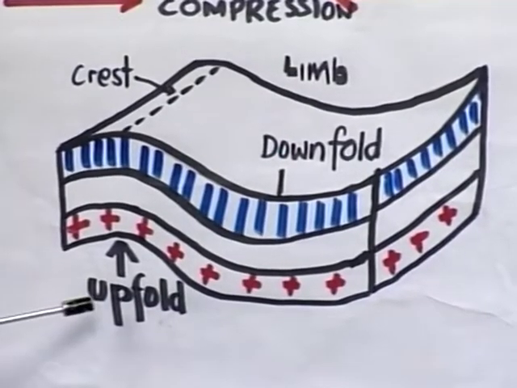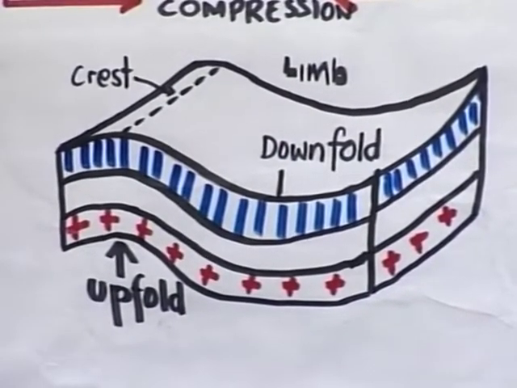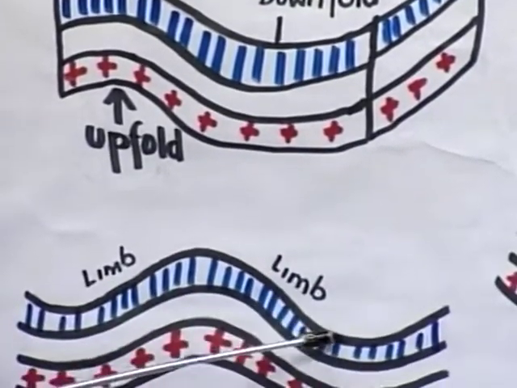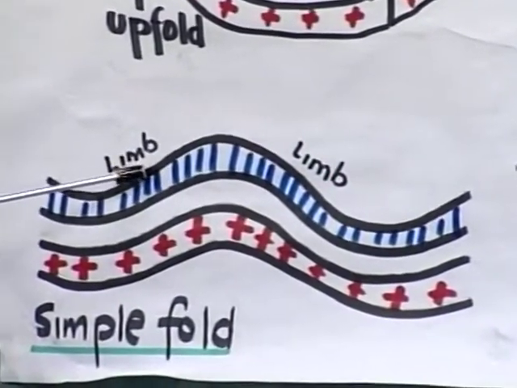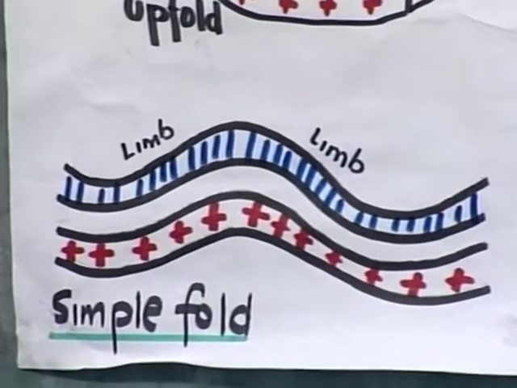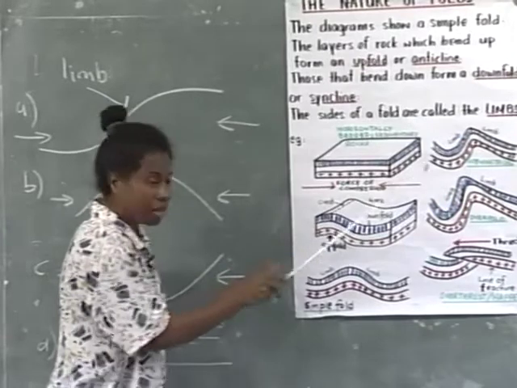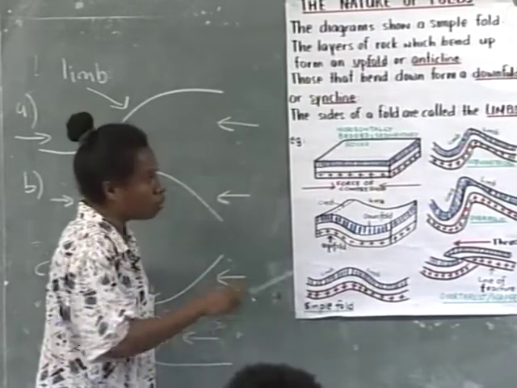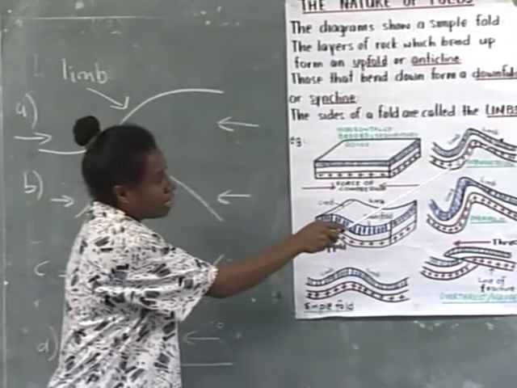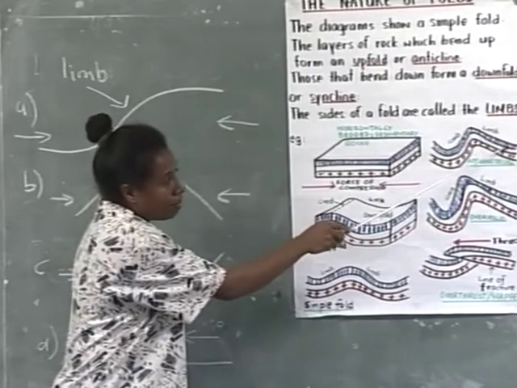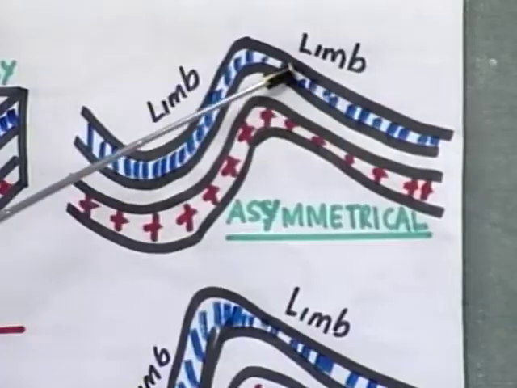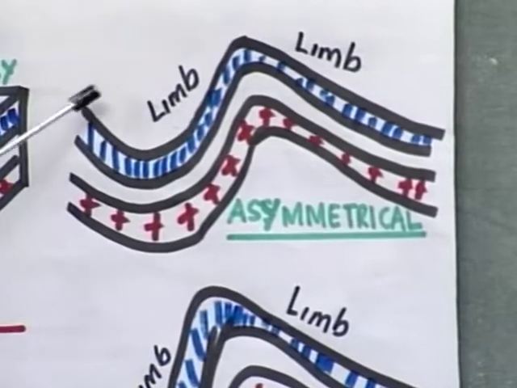Continuous exerting of that force of compression will end up creating a simple fold. Forces of compression continuously act on that same layer after a simple fold. Then what might happen is that one limb might become steeper than the other limb.